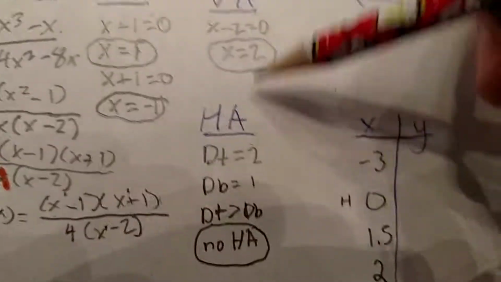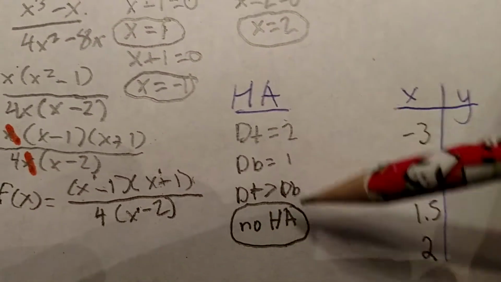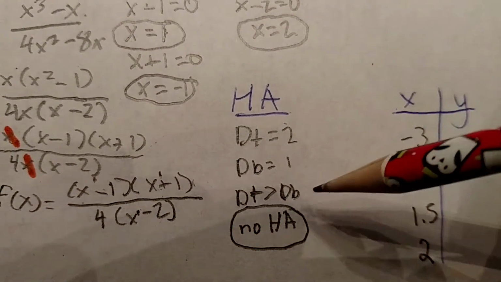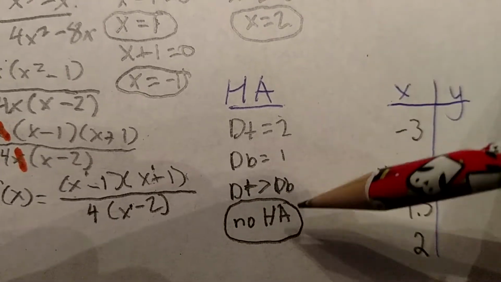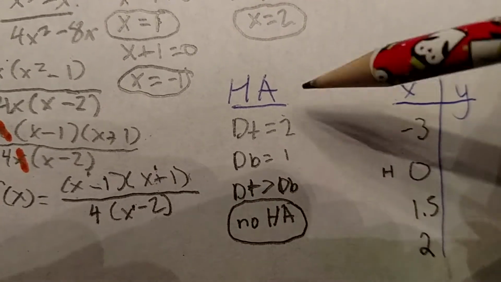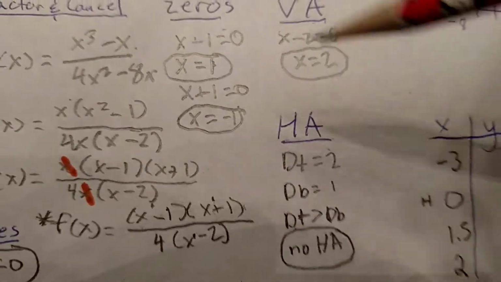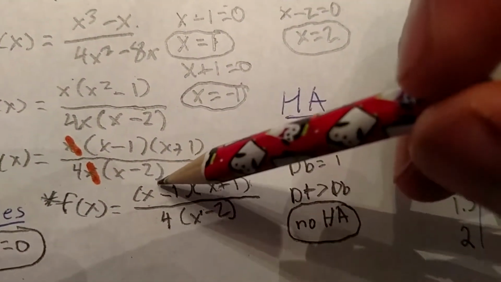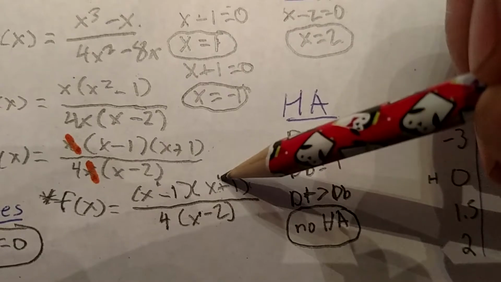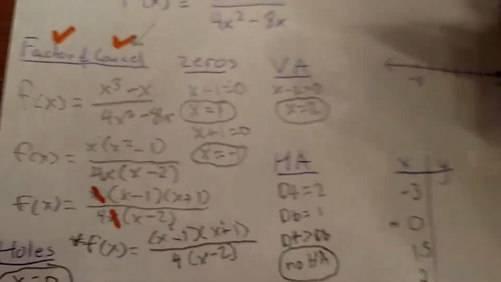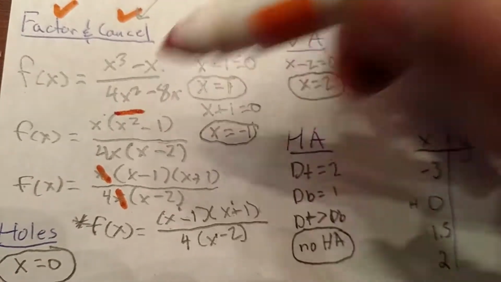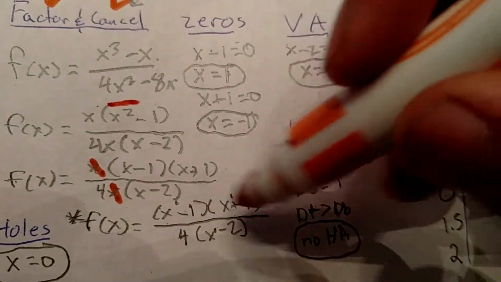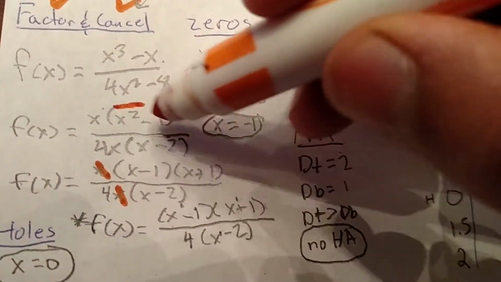Alright, next, horizontal asymptotes. The directions are in the notes. You better find those notes because you're probably not going to remember how the horizontal asymptotes work without them. So, since the degree of the top was 2, and I know that might be confusing because it's 1 and 1 here, but you need to look here. Look at this degree right here and not these 2 degrees because, see, that's x squared.